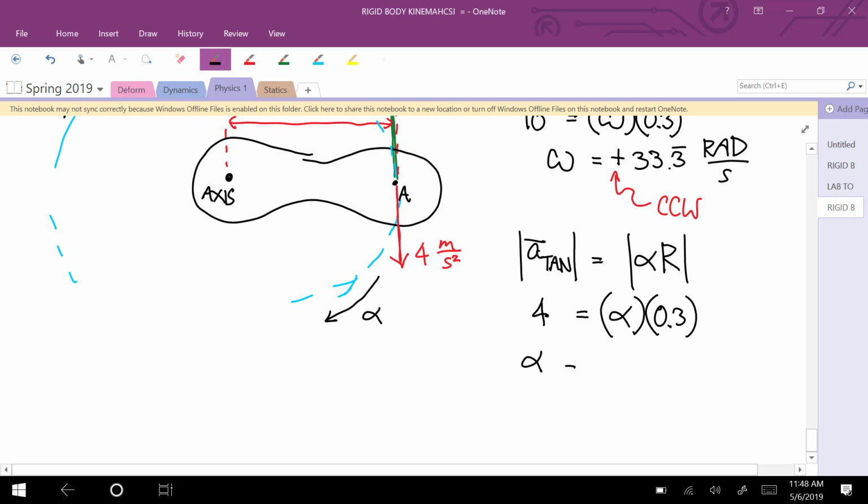And so alpha is equal to 4 divided by 0.3, 13.3 repeating radians per second squared. And this one is negative because that rotation is clockwise.